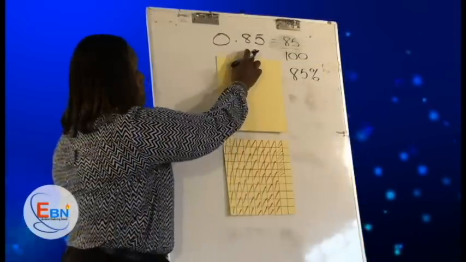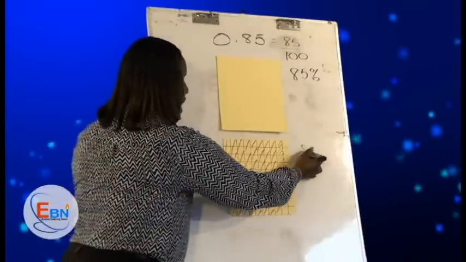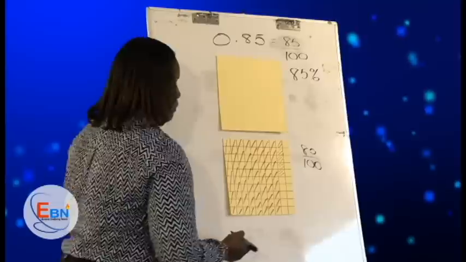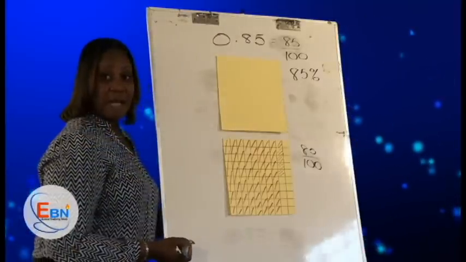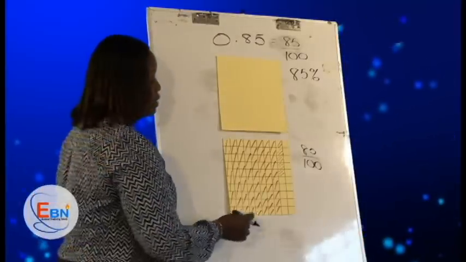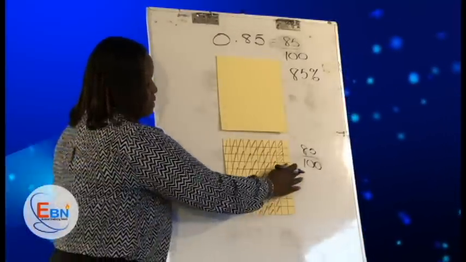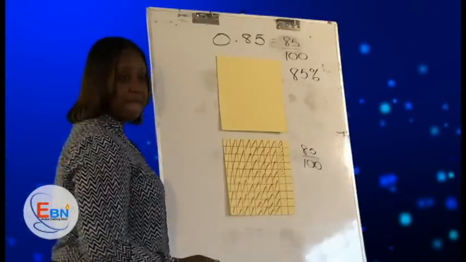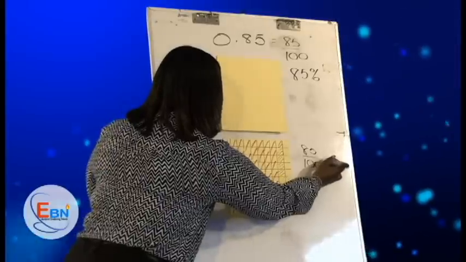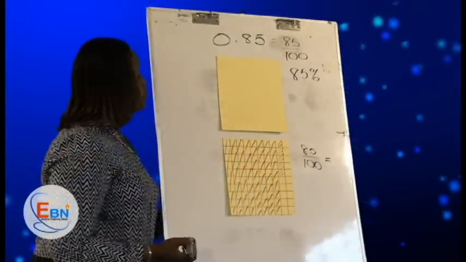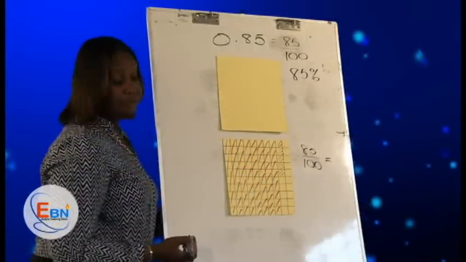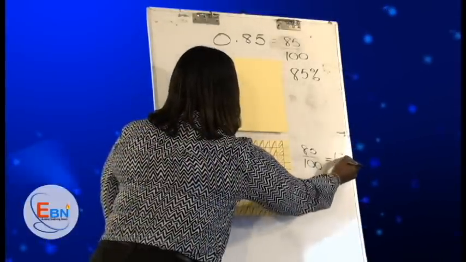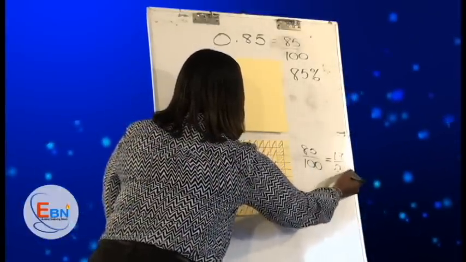Therefore, 0.85, which is 85/100th, can be simplified by dividing the numerator and the denominator by a common factor, in this case 5. Therefore, 0.85 or 85/100th will give us 17/20.